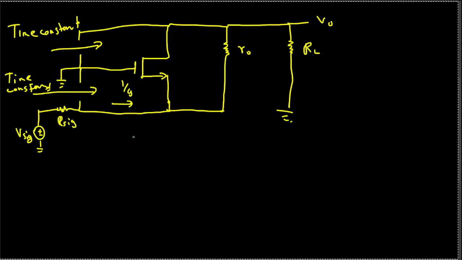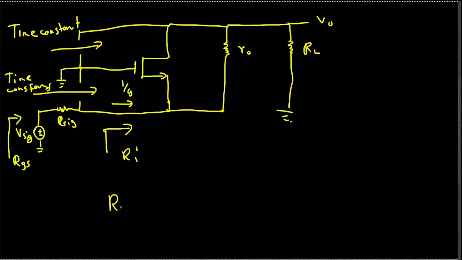By looking at this, we also have to know one thing, that RGS is faced in this way. It's the gate to source resistance, and this is RGS, and then here we will have the input resistance Ri.